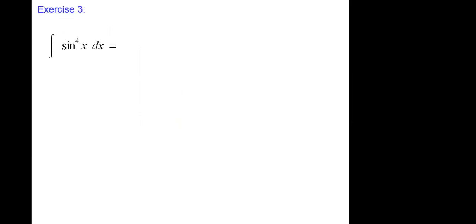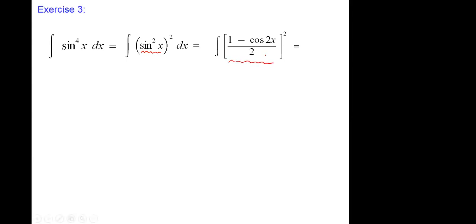Okay, sine to the power of 4. We like even powers, but I don't know if we like 4. We definitely like square. And since I only see the even exponent, the sine square of x, I did rewrite using, of course, the half-angle formula.